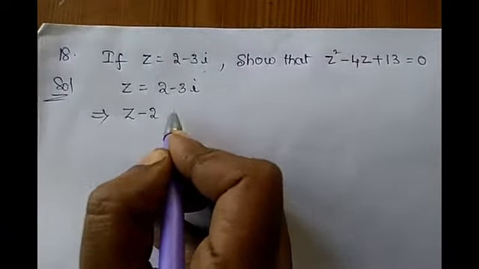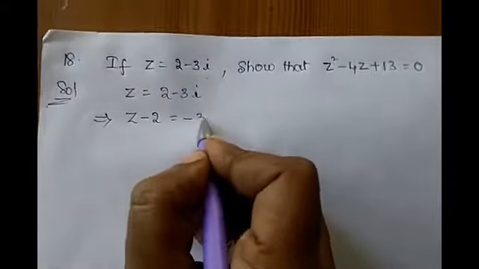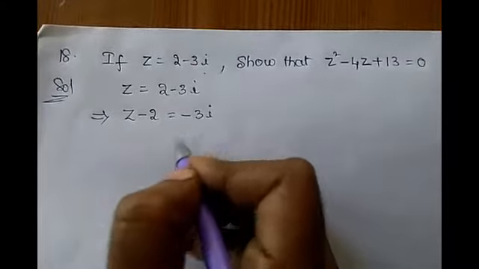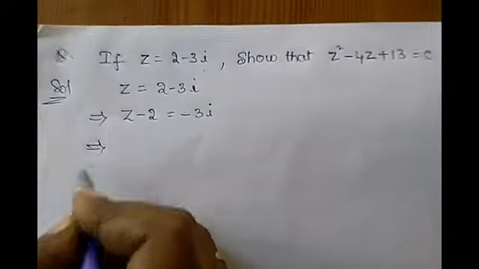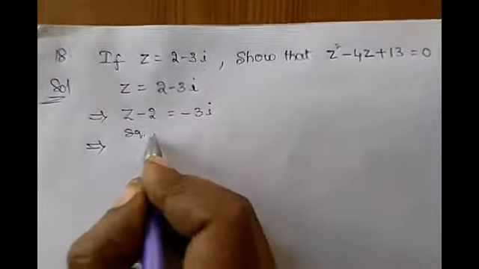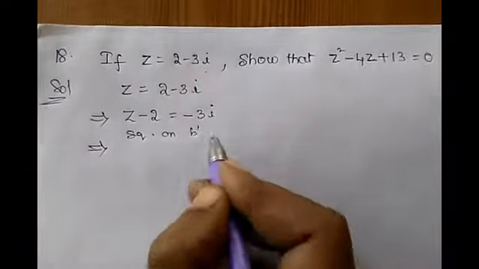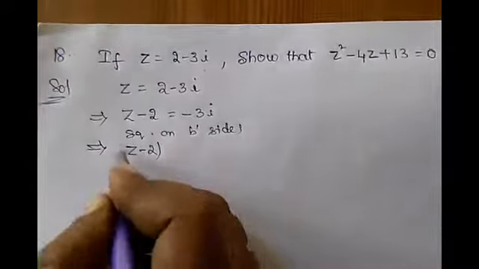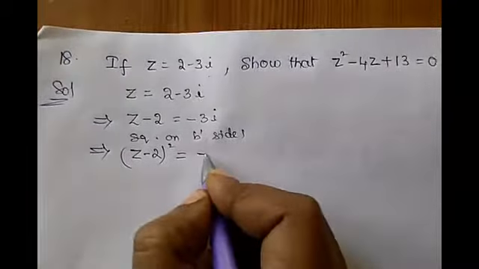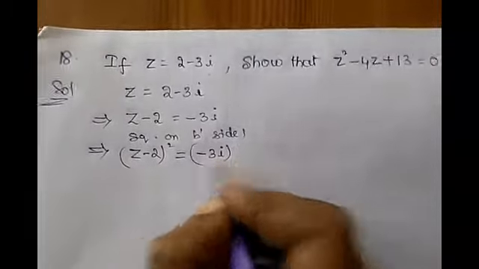You get z minus 2 equal to minus 3i. Now squaring on both sides, you get (z minus 2) whole square equal to (minus 3i) whole square.